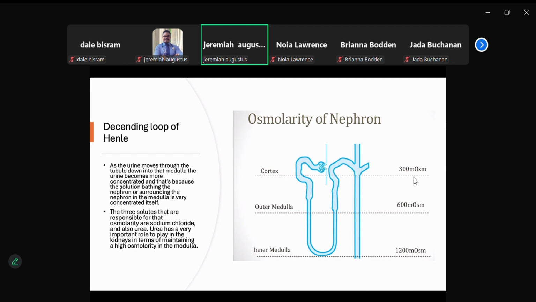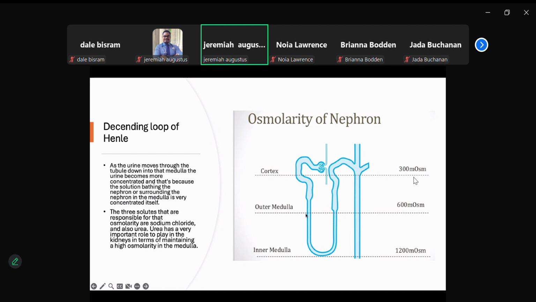But look at what happened when you go into the outer medulla. Look at the osmolality. It did what? Where is water going to move? Tell me, where is the water going to move? Into the vasculature. Remember, we're looking at the loop of Henle now.